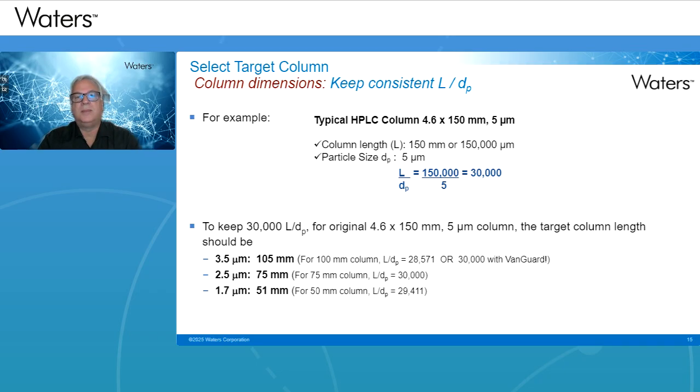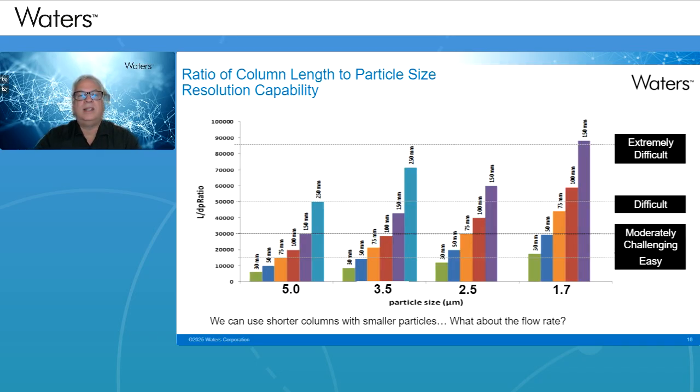Okay, if I put that into a graph like this, we put the L over dP ratio on one axis and the particle size on the other axis. We can see that with the 5 micron, the 150 millimeter column gives me 30,000 L over dP, identical to the 3.5 by 100, the 2.5 with 75, and the 50 millimeter with the 1.7 micron.